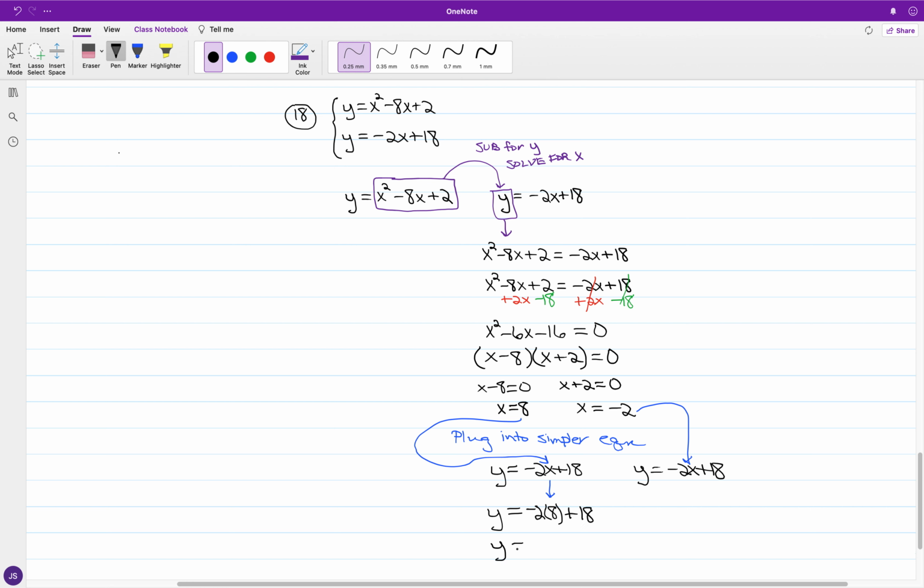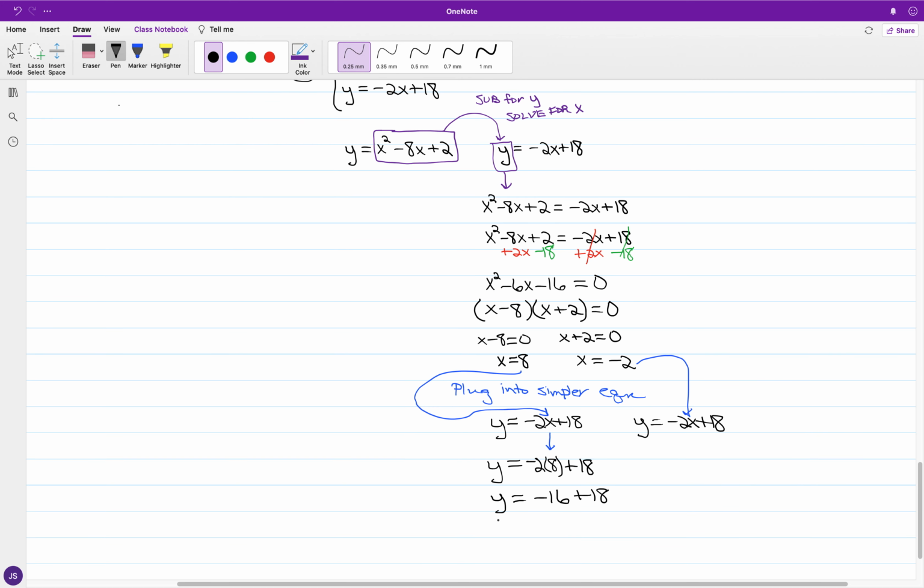We have that y is equal to negative 16 plus 18. And negative 16 plus 18, this will come out to a positive 2. Okay, so one apparent solution, okay, we have with the point where x is at 8 and y is going to be at 2.